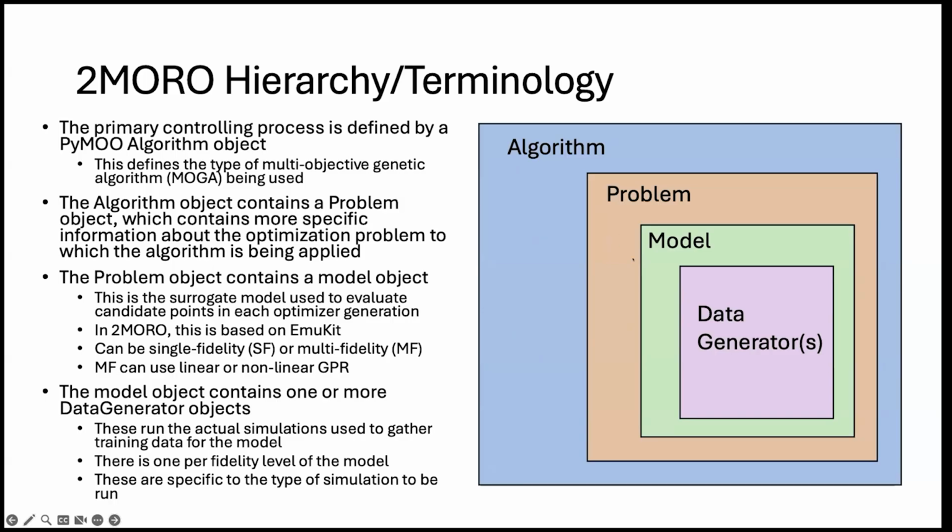The problem object will contain a model object. That's our surrogate model. That's mostly the responsibility of MuKit. But these models will own one or more data generator objects. These are what handle the interfacing and running of the actual simulations to gather training data. And there's one for each fidelity level of the model. They're specific to the type of simulations being run.